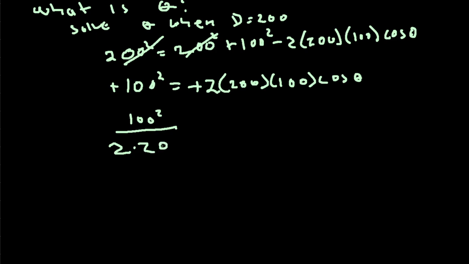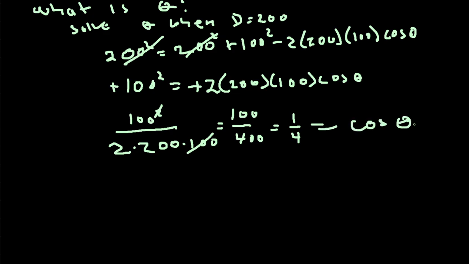One of the 100s will cancel, so we're going to get 100 over 400, which is 1/4, which is equal to cosine of theta.